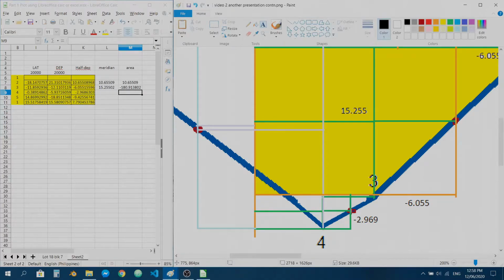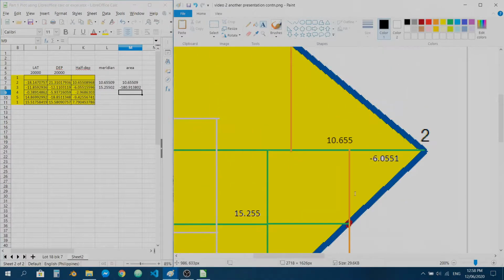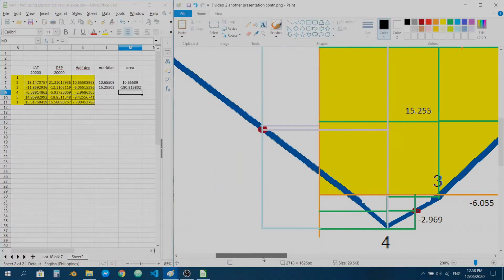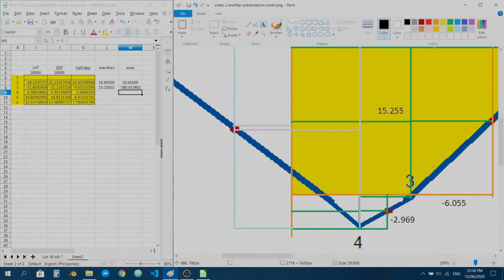Okay, but then how do we compute for this? Since this is the meridian of the previous line, we subtract its half depth, which is this one. You remember? This one is just one half of that. By subtracting it from the meridian of 2 to 3, we have this portion now.